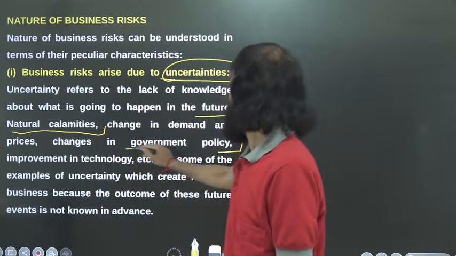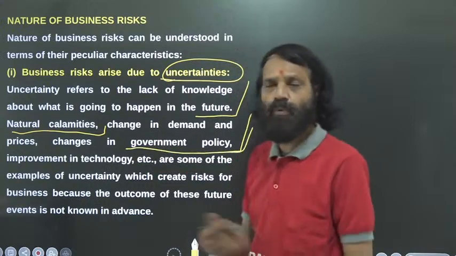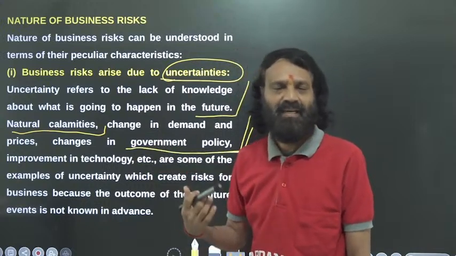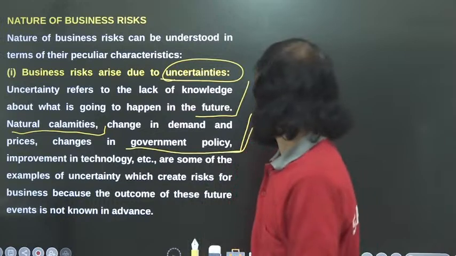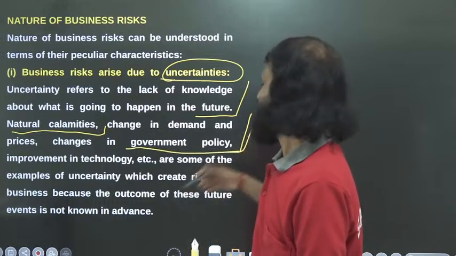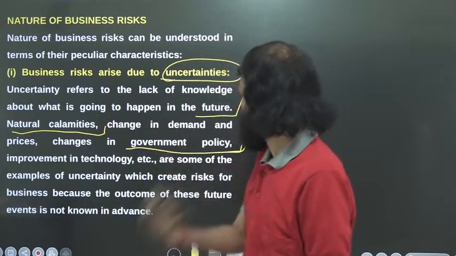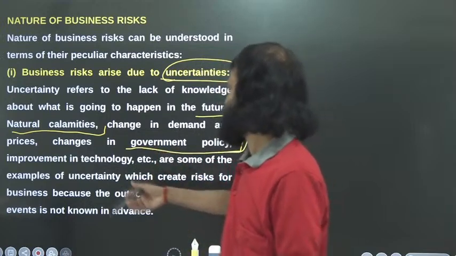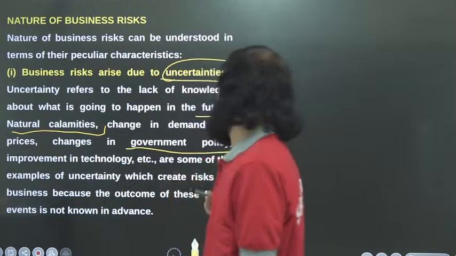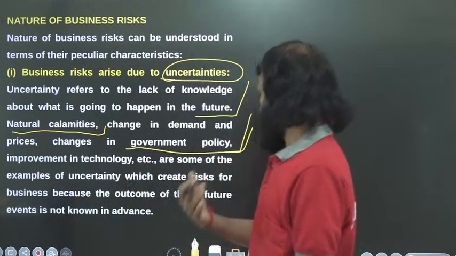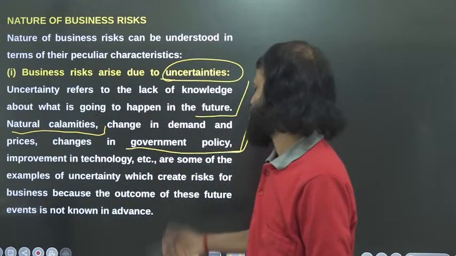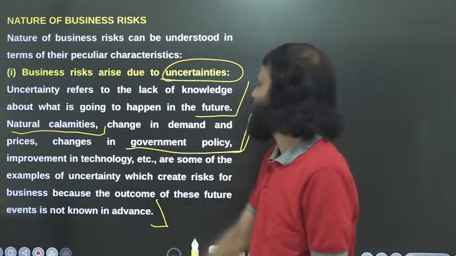Sometimes the government's policy, meaning tax implementation, will also decide. Then the improvement in technology, etc. can decide the business. These are some examples of uncertainty which create a risk for business, because the outcome of these future events is not known in advance.